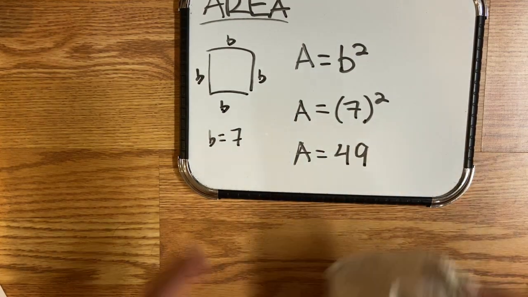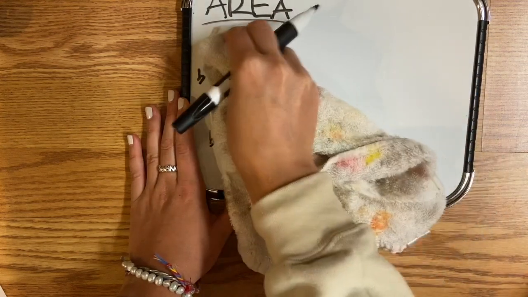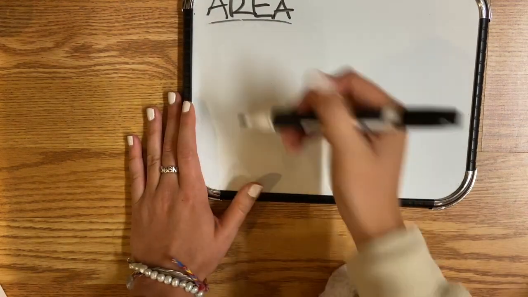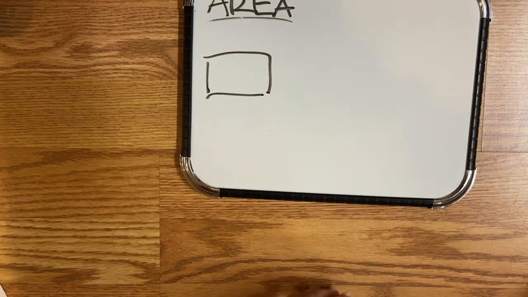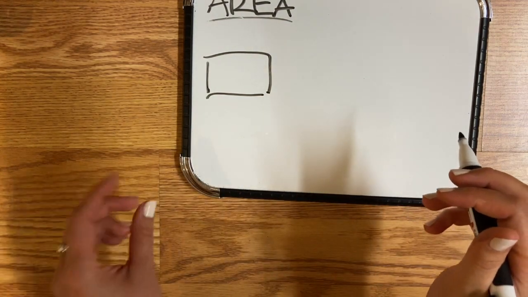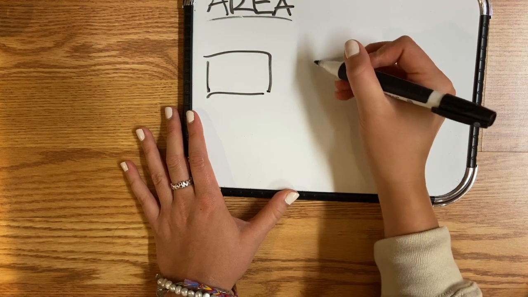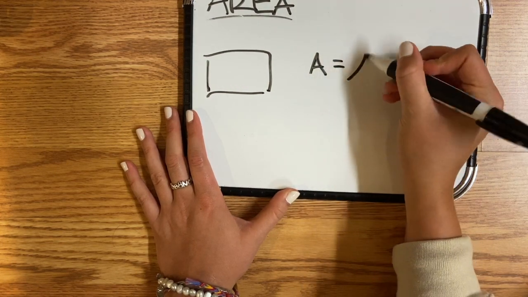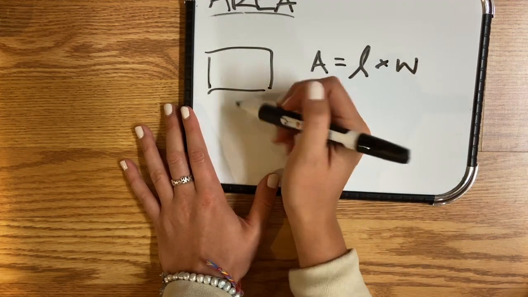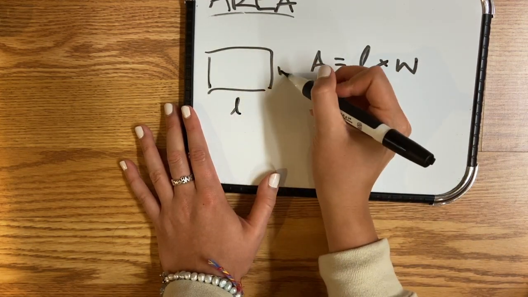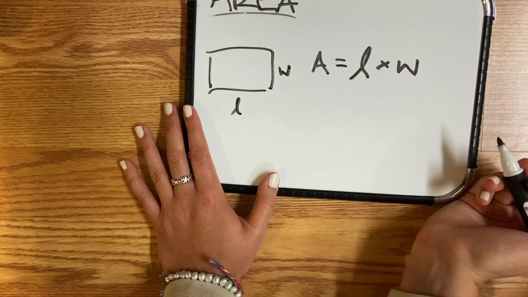Awesome. Now let's do the area of a rectangle. Well, in this case, it's also really simple. The area of a rectangle is simply the length of the rectangle times the width of the rectangle. And I like to think of this as the length and this is the width, but it really doesn't matter how you look at it.